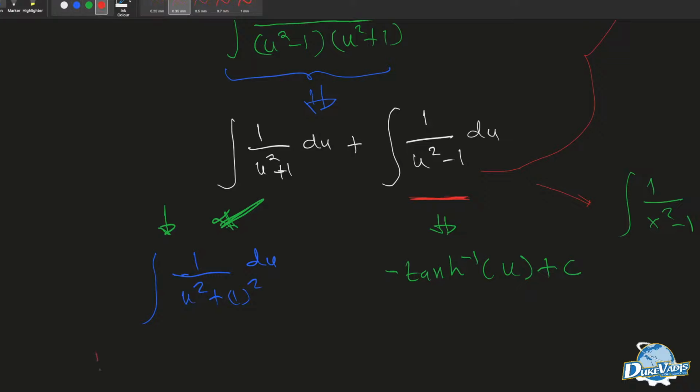The integral function is more or less like a formula. It says if we have 1 over a squared plus x squared, then we can say this to be 1 over a tan inverse of x over a plus c.